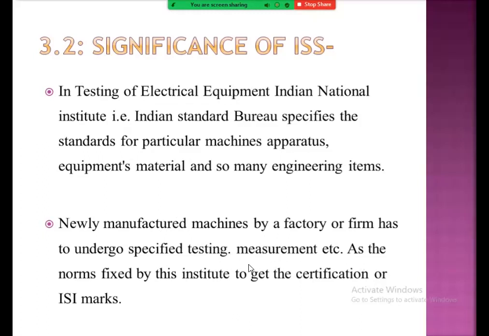All tests should be done after manufacturing, as per the norms fixed by this institute, to get the certification or ISI mark. The norms given by the Indian Standard Bureau should be read and the design done accordingly, so that the performance of the machine is as per the norms fixed by the institute.